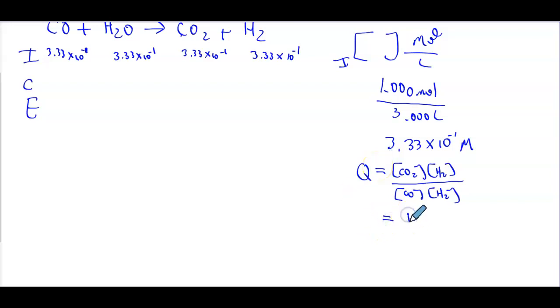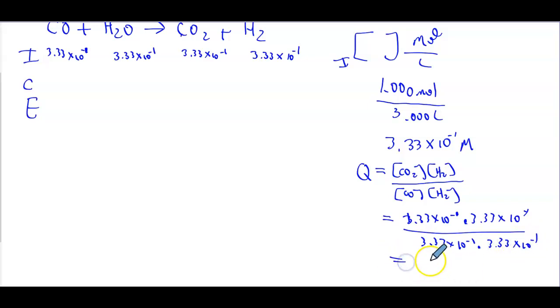Q in this case is going to be 3.33 times 10 to the negative first times 3.33 times 10 to the negative first, divided by 3.33 times 10 to the negative first times 3.33 times 10 to the negative first. When I multiply that out, I get 1.00.